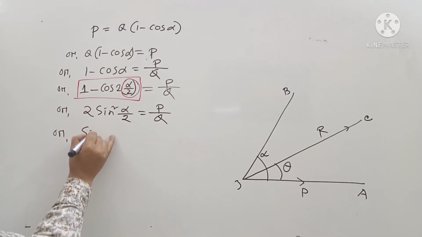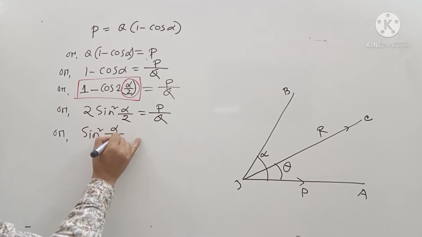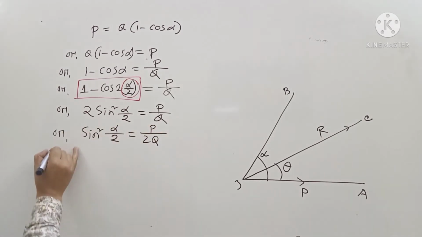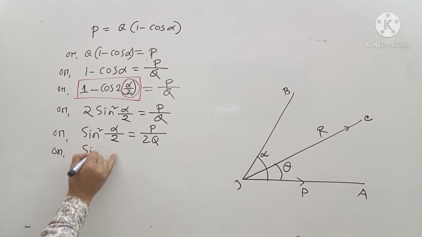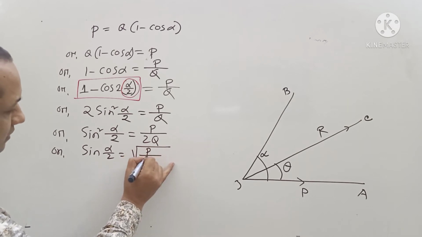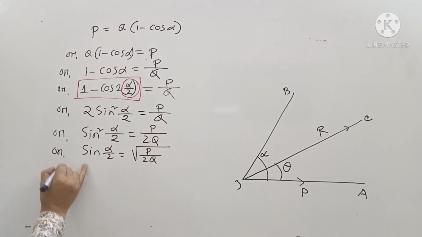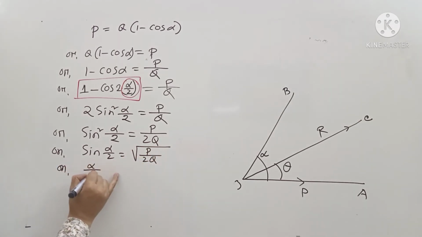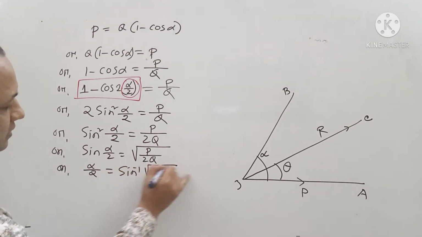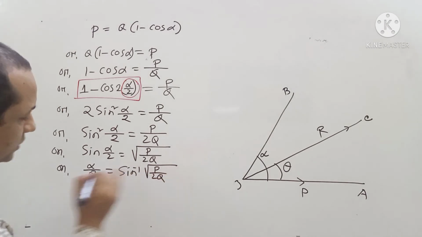Now take the 2 to the right side. So sin square alpha by 2 equals P by 2Q, or sin alpha by 2 equals root over P by 2Q, or alpha by 2 equals sin inverse root over P by 2Q.